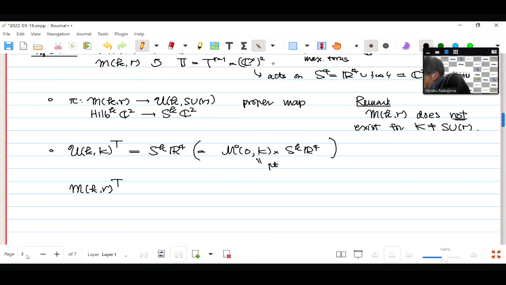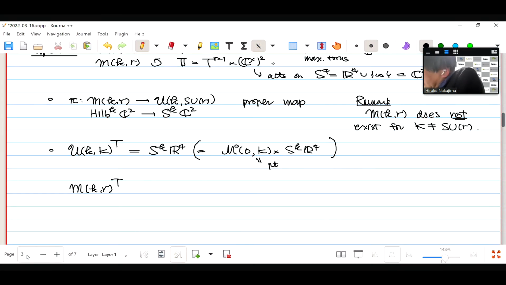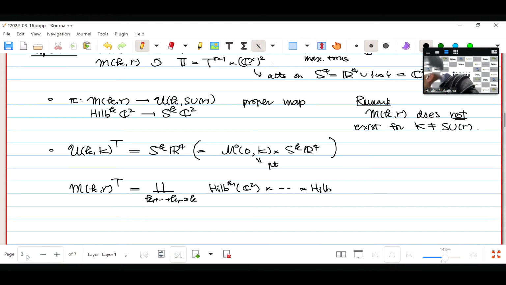I don't explain what T was, but this is a disjoint union of some spaces parameterized by an R-tuple of non-negative integers. For each K_i, I consider the Hilbert scheme of points, and I take the product. So I have R Hilbert schemes of points, and I take the product and this disjoint union.